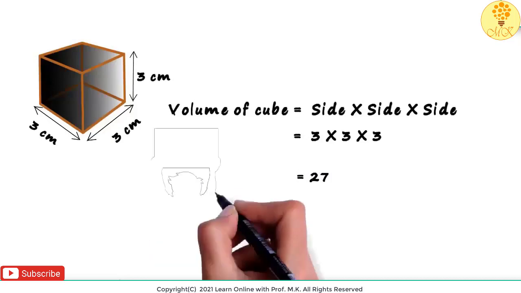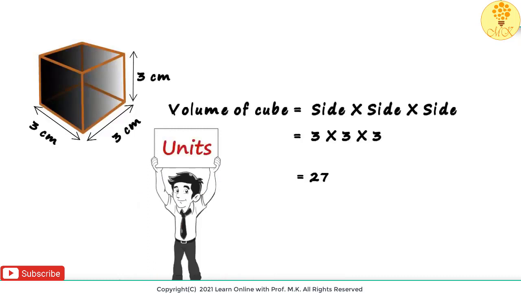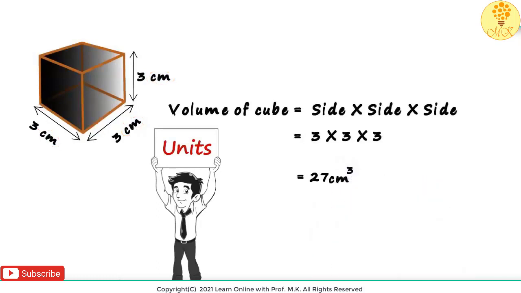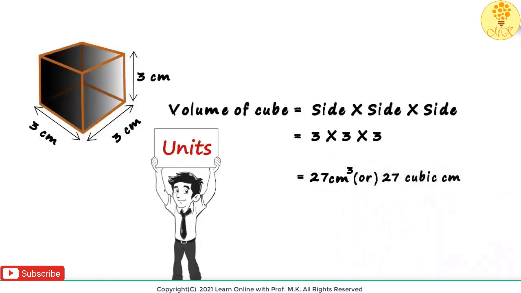But wait, are we forgetting something? Yes, it's the units of the answer. So the units of each side are also multiplied to get centimeters cubed. That's the precise answer. The volume of the cube is 27 centimeters cubed. The answer can also be written as 27 cubic centimeters.